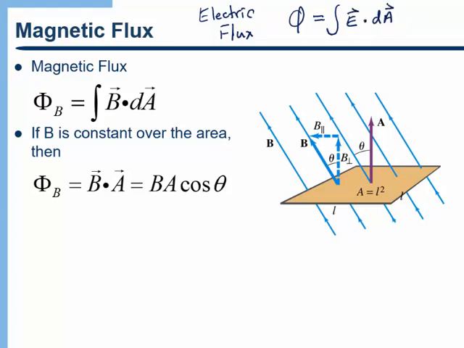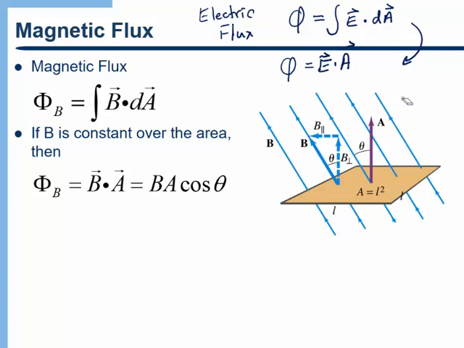And if the electric field is constant over the area, remember that's simplified to the dot product of the electric field times the area.